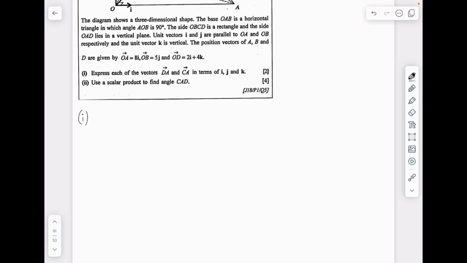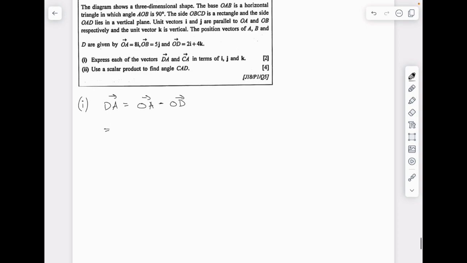So for DA, firstly, all that's going to equal, guys, is OA minus OD, which is simply going to equal 8i minus OD, which is 204, which is going to give me 604.